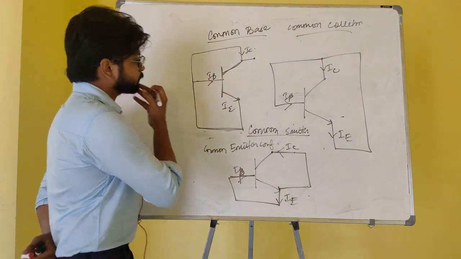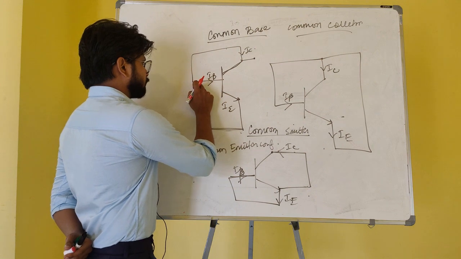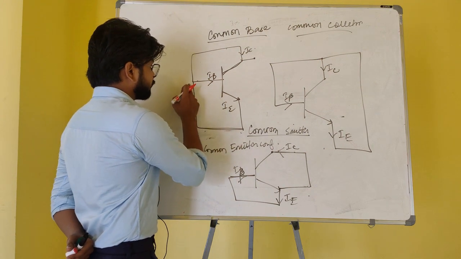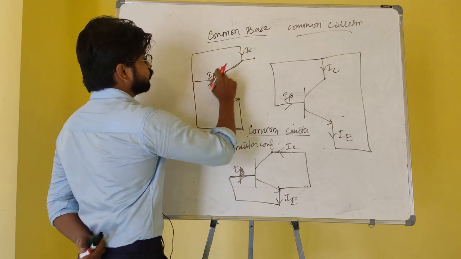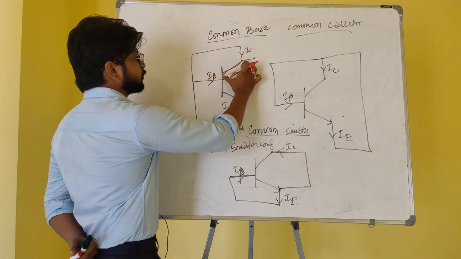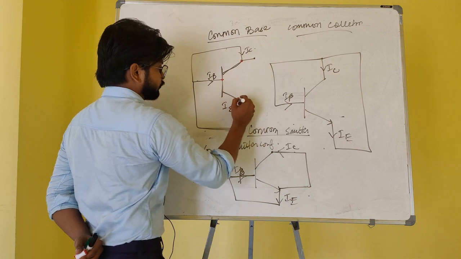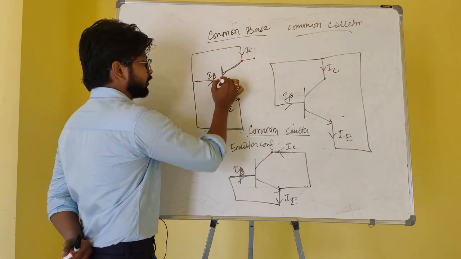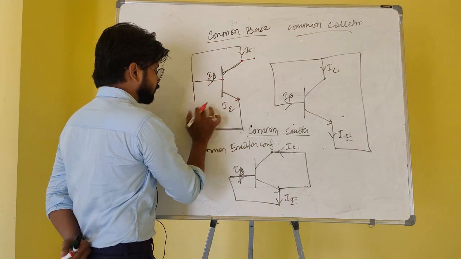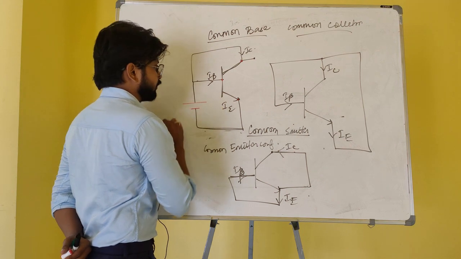Here the voltage source will be put at the junction of any two of the connections. Like here is the collector, here is the base. So there should be a voltage source present here.